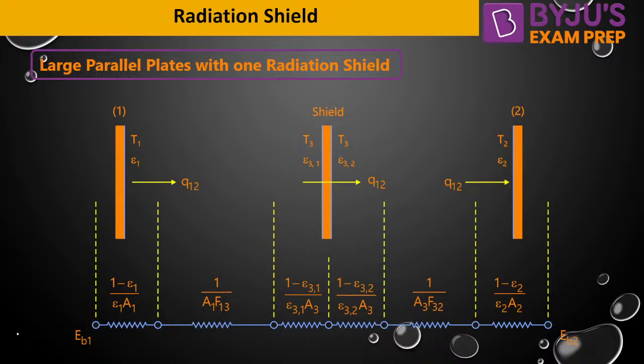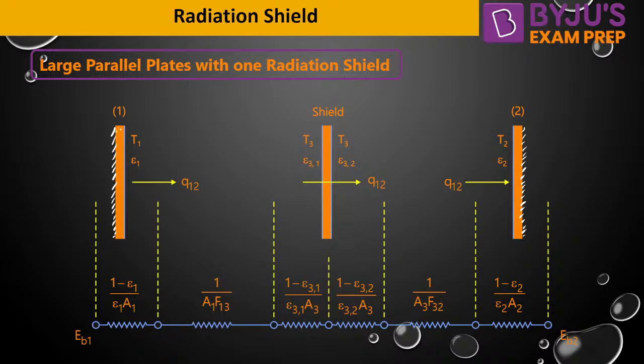Now, how? The first surface is non-black. It is insulated from this side. Surface 1 is non-black, so it can be treated as a black body with a cover. So there will be a surface resistance for body 1.